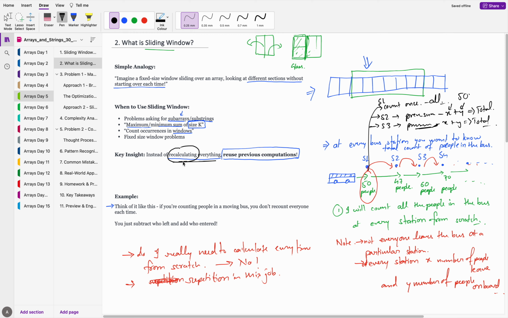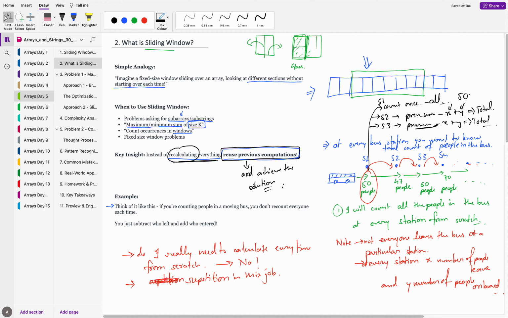Instead of recalculating everything, we try to reuse previous computations and reach our objective, and achieve the solution. Okay, I hope this is clear till here.